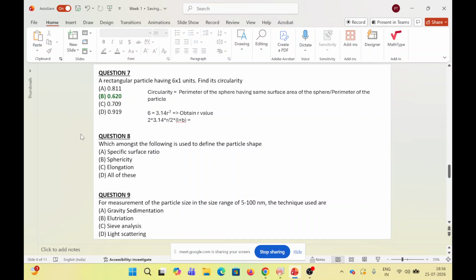Any doubts with calculating the circularity? No, sir. Okay, so let's move to question 8. Which among the following is used to define the particle shape?